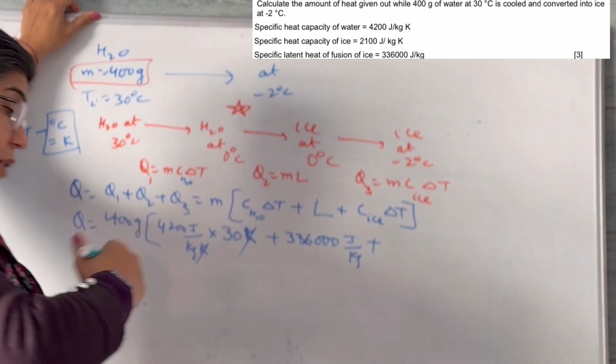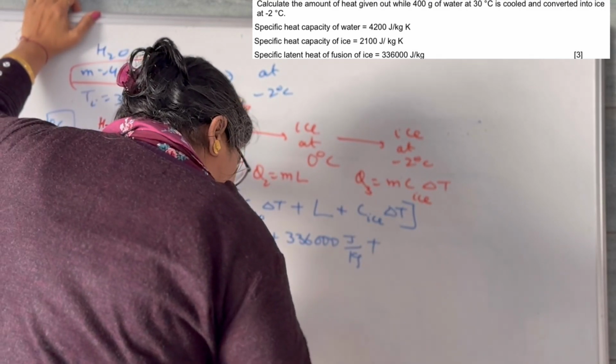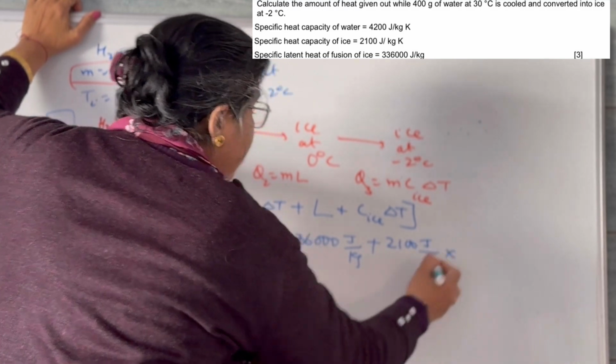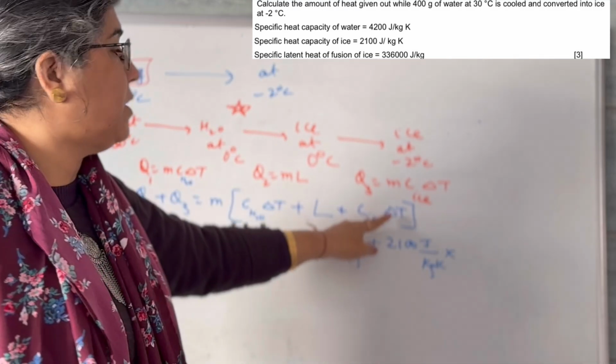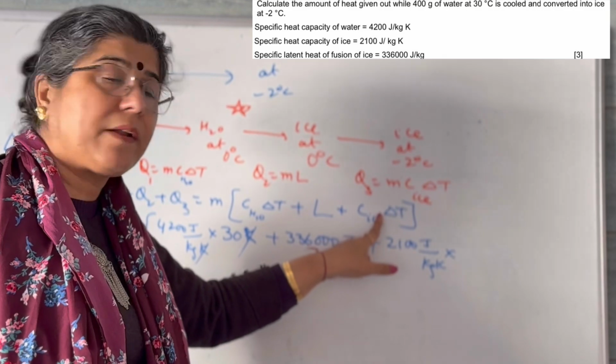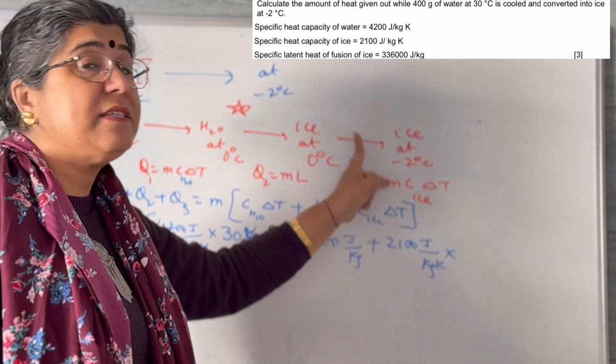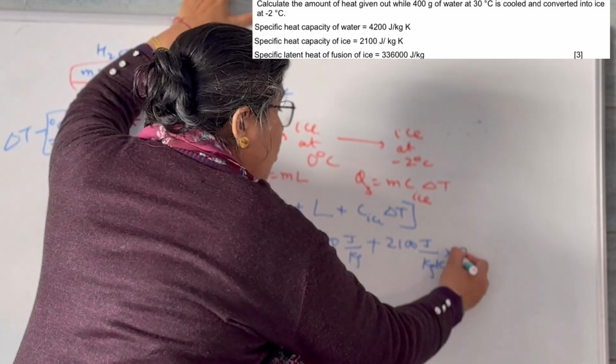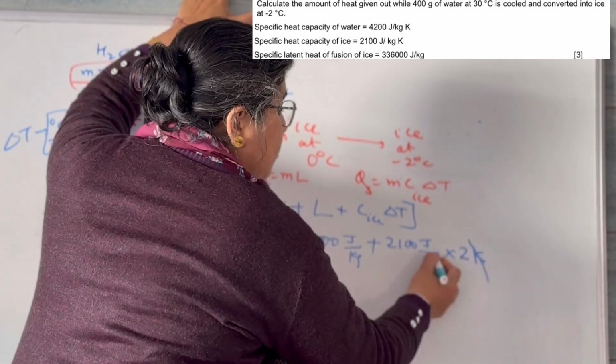Ice is cooling from 0 to minus 2. Specific heat capacity of ice is 2100 joule per kg per Kelvin, into change in temperature, higher minus lower, 0 minus minus 2, which is 2 degree centigrade, can be written as 2 Kelvin.